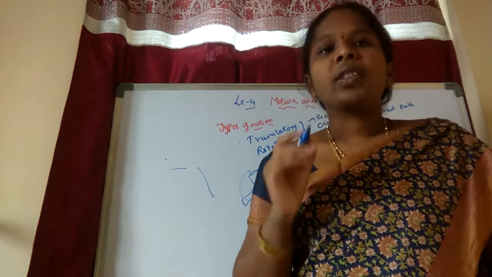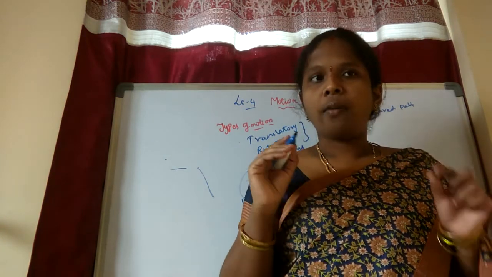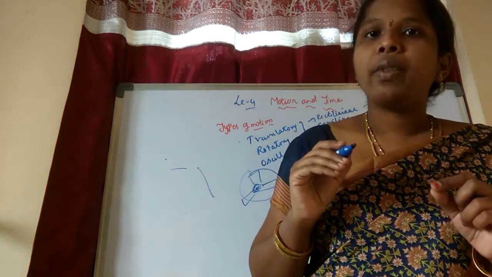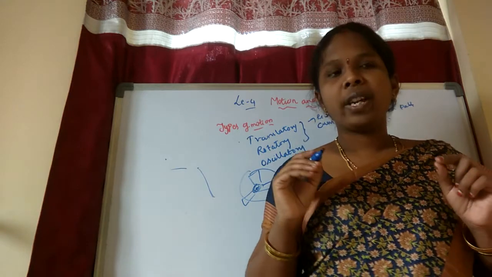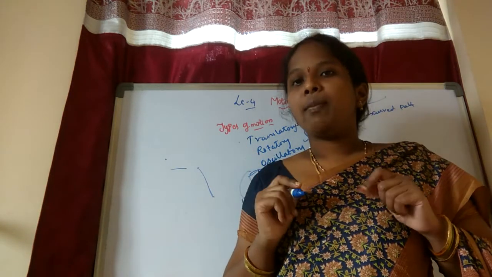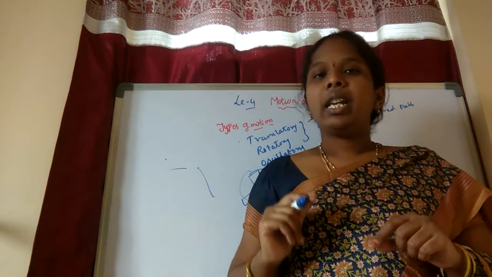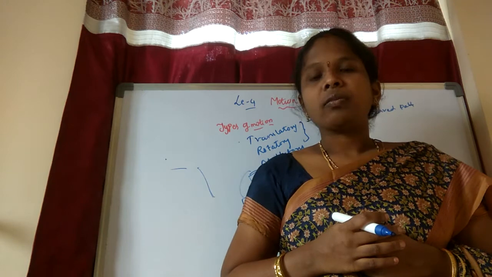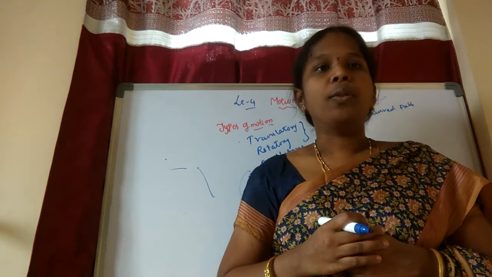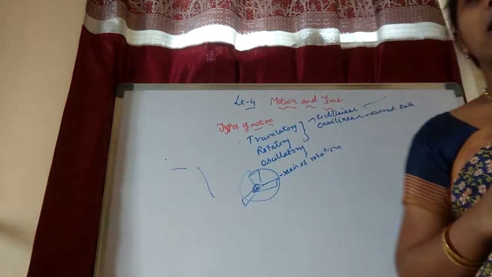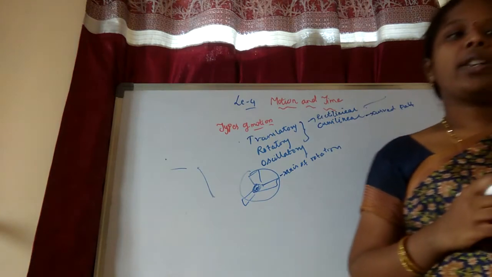The to and fro motion of an object about a fixed point should follow the same path. Then it is called oscillatory motion.